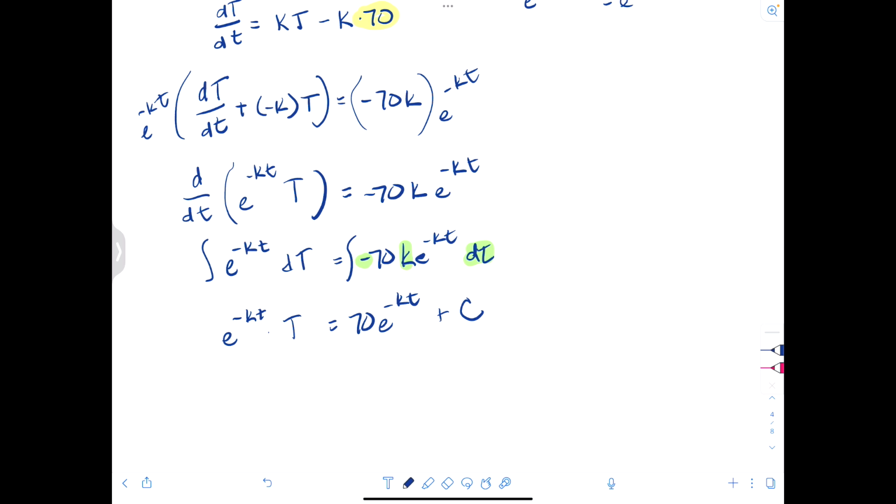And then multiplying both sides by e to the positive kt to isolate that T for temperature, we will have T is equal to 70, because the e to the negative kt and e to the kt become 1, plus ce to the kt. Good so far?